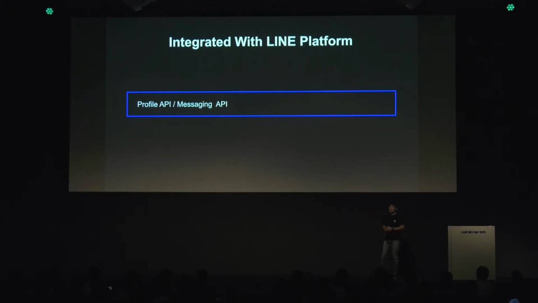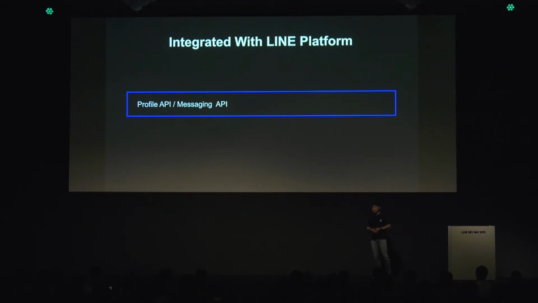The third point is that LIFF is integrated with the LINE platform. So many APIs on the LINE platform can be executed using LIFF. Profile obtaining as well as authentication can be done. But as I mentioned, these are the advantages, but there were also many challenges.